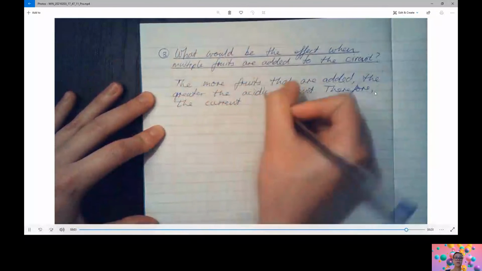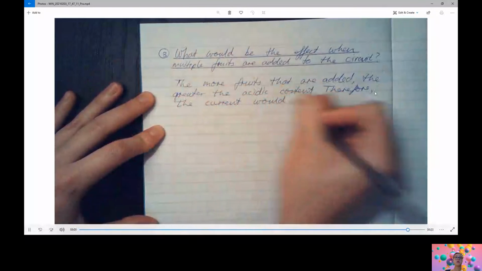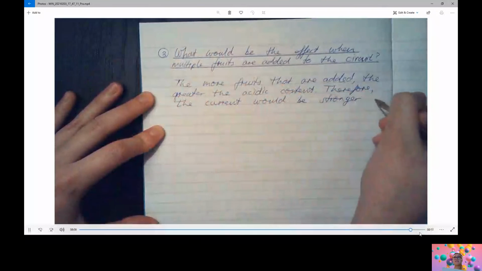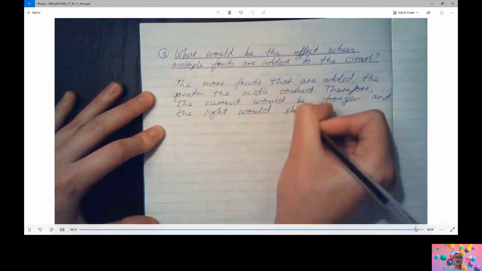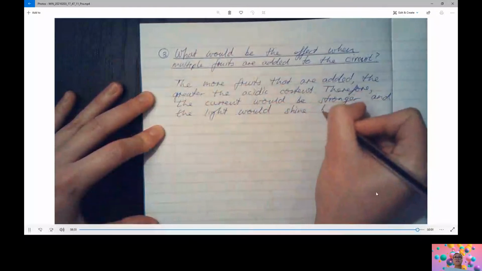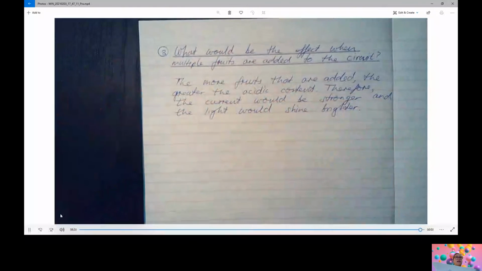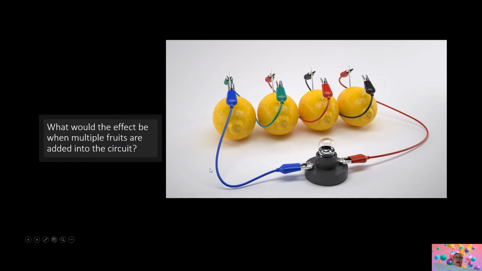Therefore, the current would be stronger and the light would shine brighter. So the more fruit we add, the brighter the light would shine. Please pause this video now and write down your own answer to this question.